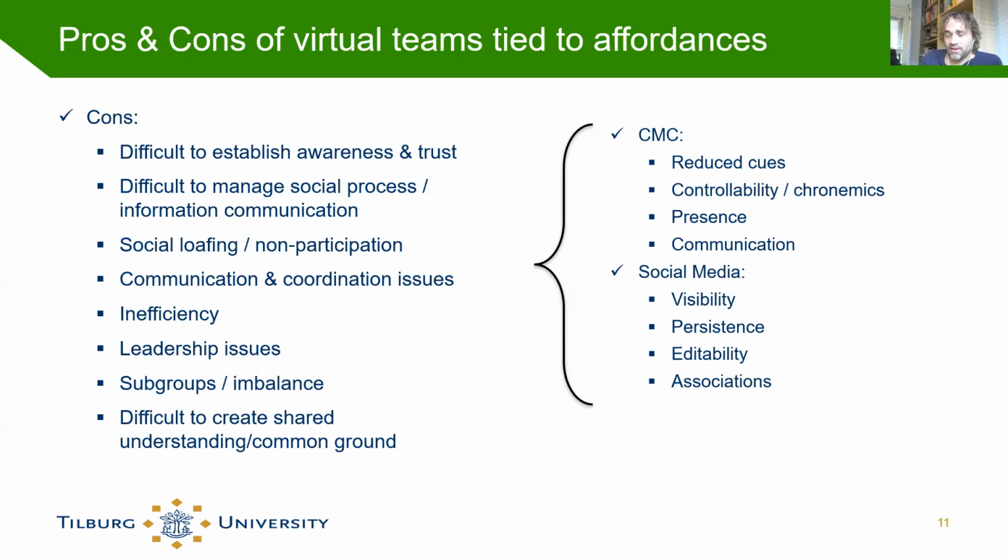And it has a task aspect: okay, we together know what the task will be and who does what. Creating that shared understanding of the team and the task is oftentimes difficult in virtual teams.